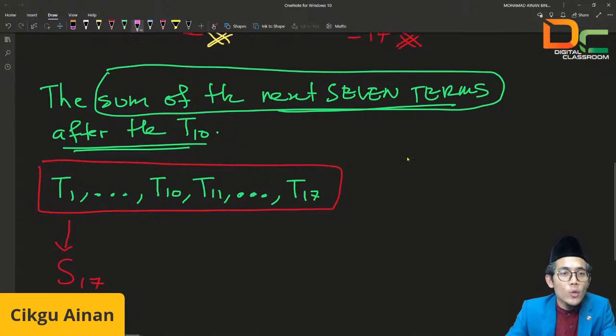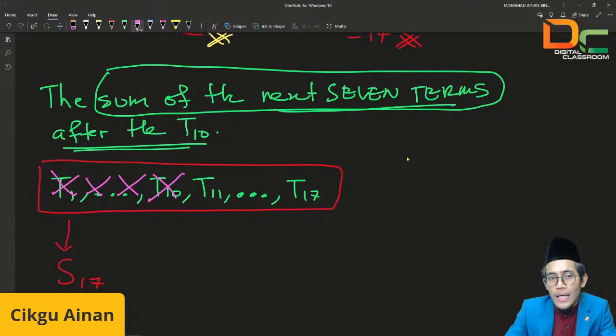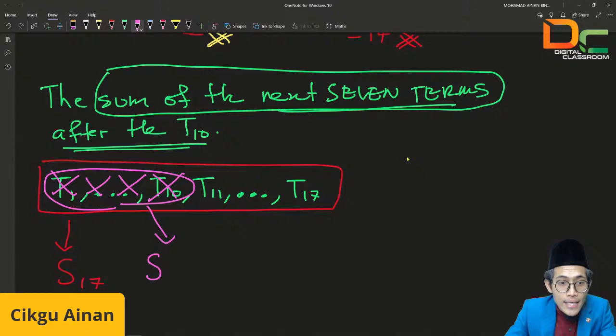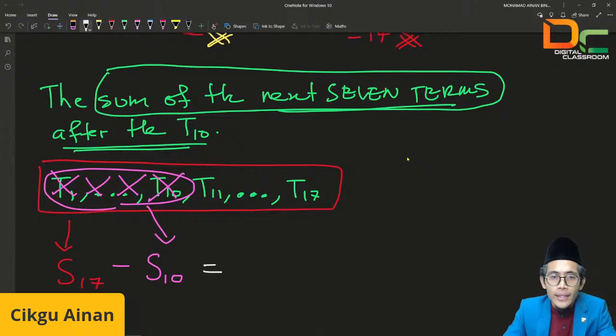What is the thing we don't want? We don't want T10, T9, T8, and so on until T1. So this whole lot is S10. So we are going to minus them. As simple as that.